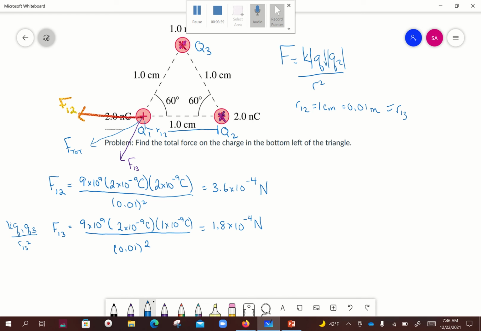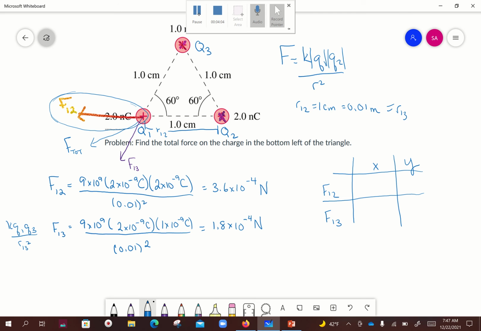What I like to do always when I add vectors is to make myself a little table, a little chart where I put X and Y, and I break each vector into components. So let's do F12 and F13 in components. F12 is the one that's going directly over to the left, so it has only an X component.